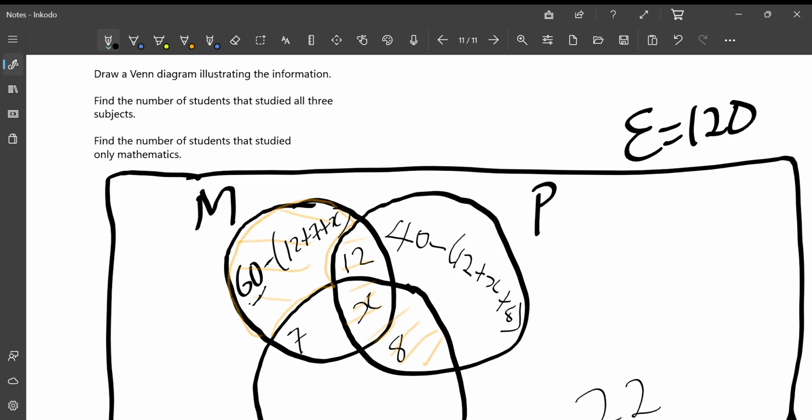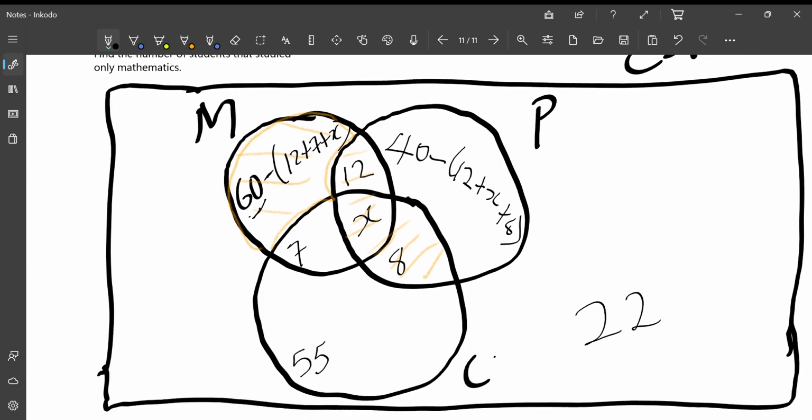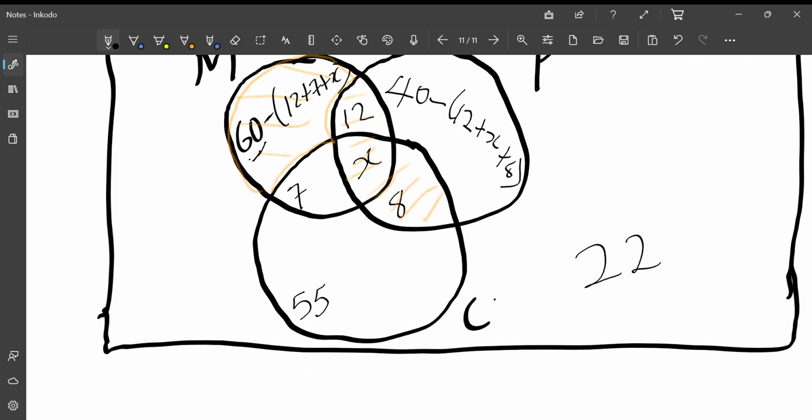It's the same thing. It just makes my work look clear. And also for the chemistry side, I would also minus the shaded parts in chemistry. All these places that are shaded, I'm going to remove them from 55. So that will be 55 minus (7 plus 8 plus X). So I've been able to represent this information in my Venn diagram.